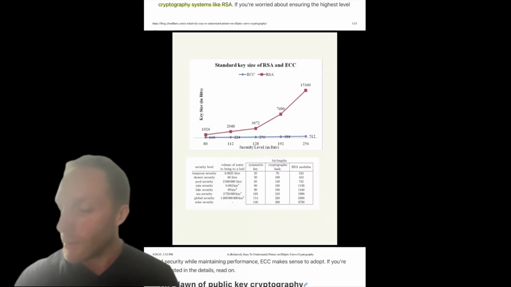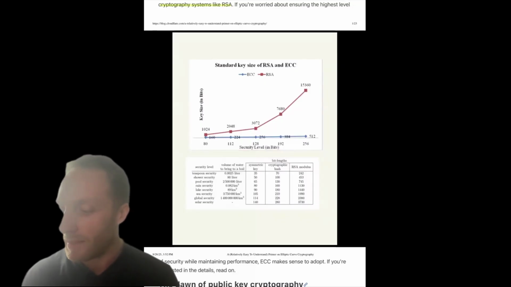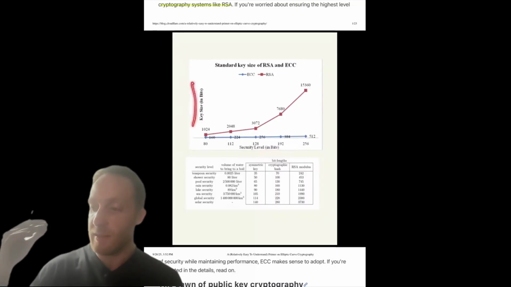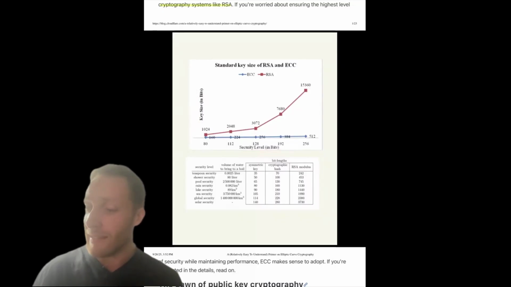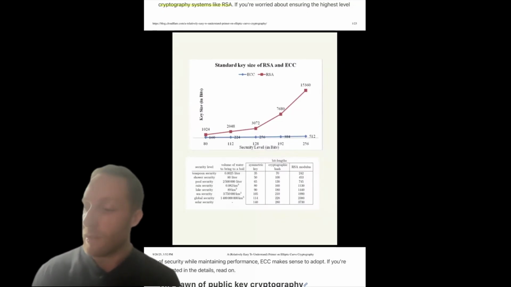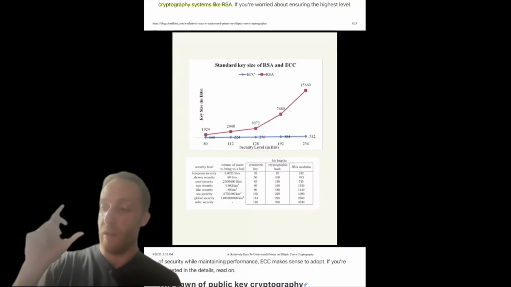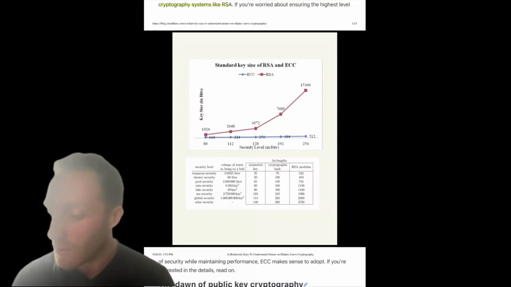Okay, let's actually look at the visual. You look at the security level in bits, which I'm not going to try to explain, compared to the key size that you need to achieve that level of security. So for RSA, let's say we're happy with a 128 security level. You need 3,000 bits of an RSA key, whereas for ECC, you need 256 bits.